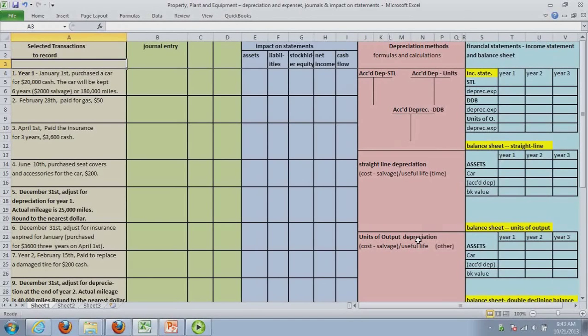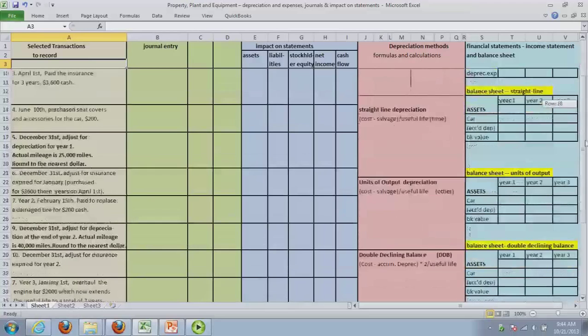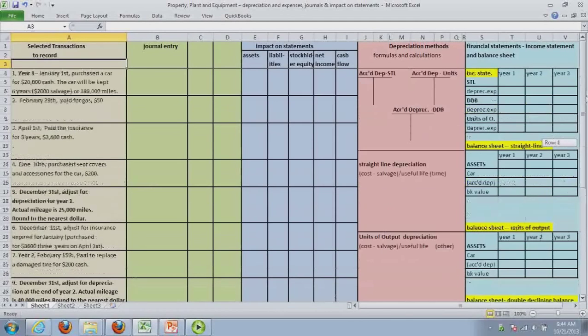We'll try to show our calculations. And then over here we're going to track cumulative. What do we have on the income statement for the 3 years? We're just going to do straight line for the income statement. But for the balance sheet, we can track how the book value differs with your 3 different depreciation methods.